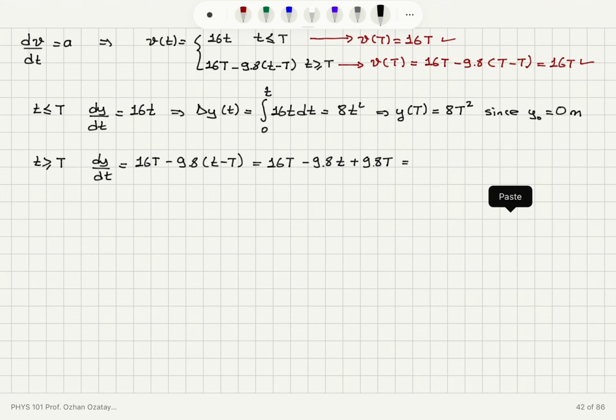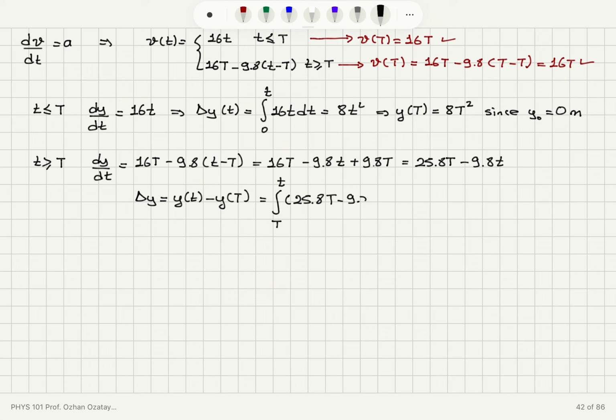So this is 25.8T minus 9.8t. So if I calculate the displacement delta y from time T to time t greater than T, this is the integral from time T to time t of (25.8T minus 9.8t) dt.